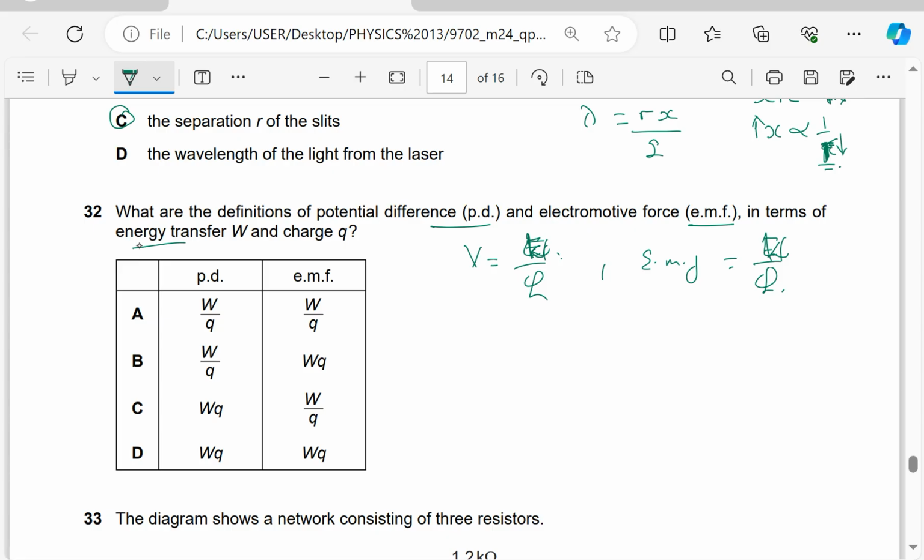So here, 32, the answer is automatically going to be A. W over Q is wrong here. PD is energy transferred from electrical to thermal or to other forms per unit charge, and EMF is energy transferred from chemical to other forms per unit charge. So that is W over Q. So the answer is A.